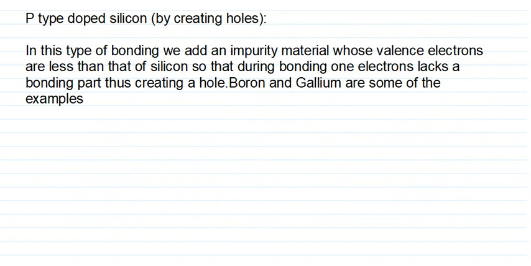But once we dope the silicon crystal, the holes are increased by p-type doping. For n-type doping, the electrons are increased. I hope you get it.